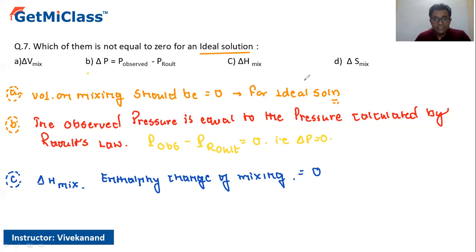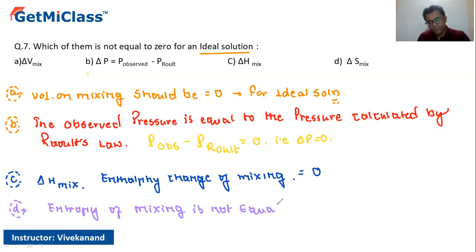Now, what remains as not equal to 0 is going to be option D. Here, whenever we mix these solutions to form an ideal solution, it does not take into consideration the entropy change as equal to 0. Here, the entropy of mixing is not equal to 0.